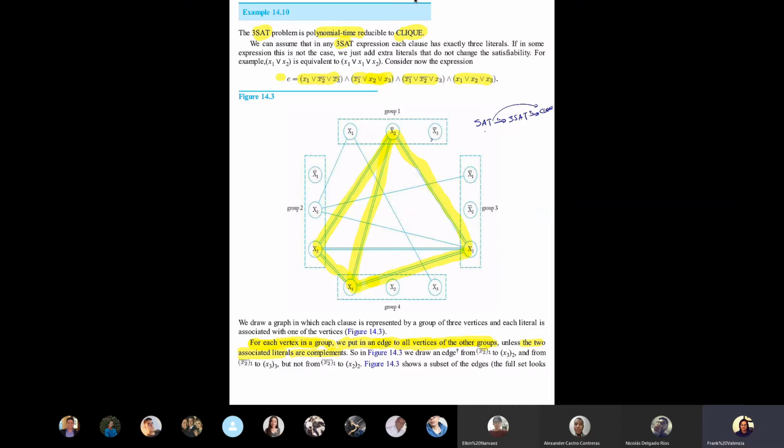So it is a clique. It's a subset of this that is a complete graph, right? And now look at that and tell me that the existence of that clique means that the whole formula can be satisfied. Porque para que sea completo tienen que estar un nodo en cada grupo diferente.